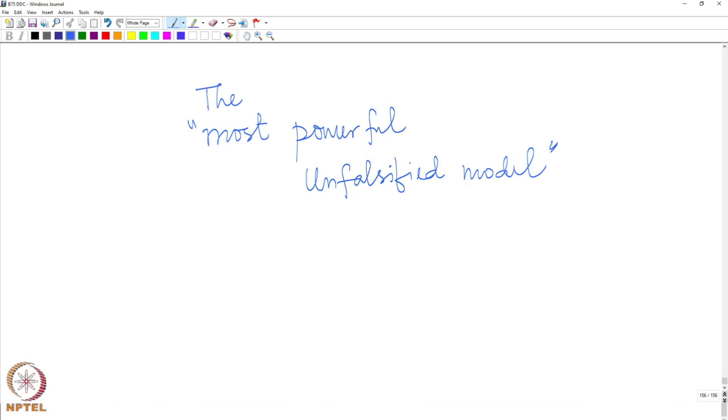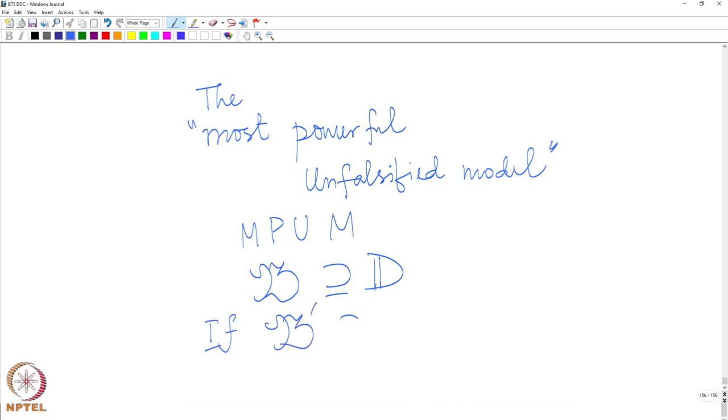The most powerful unfalsified model, the MPUM in short, is a model B which of course is unfalsified by the data, and it is also such that if there is any other unfalsified model, then that should imply that our most powerful unfalsified model is more powerful than that model. So, that means it sits inside every other model that explains the data. Then we say that is the most powerful unfalsified model.